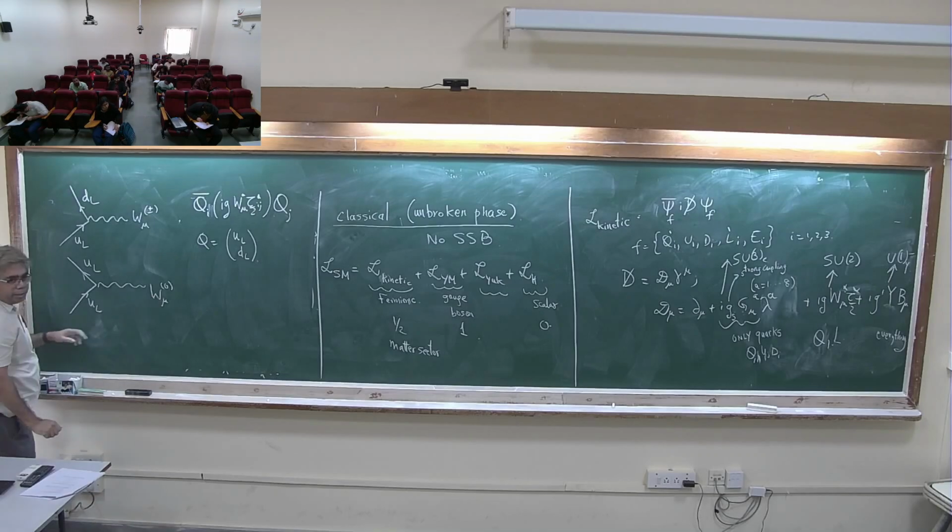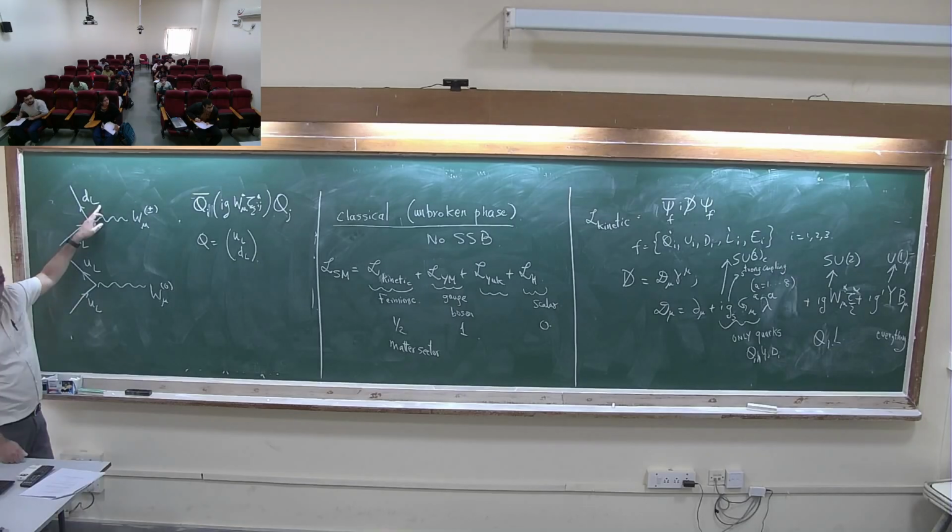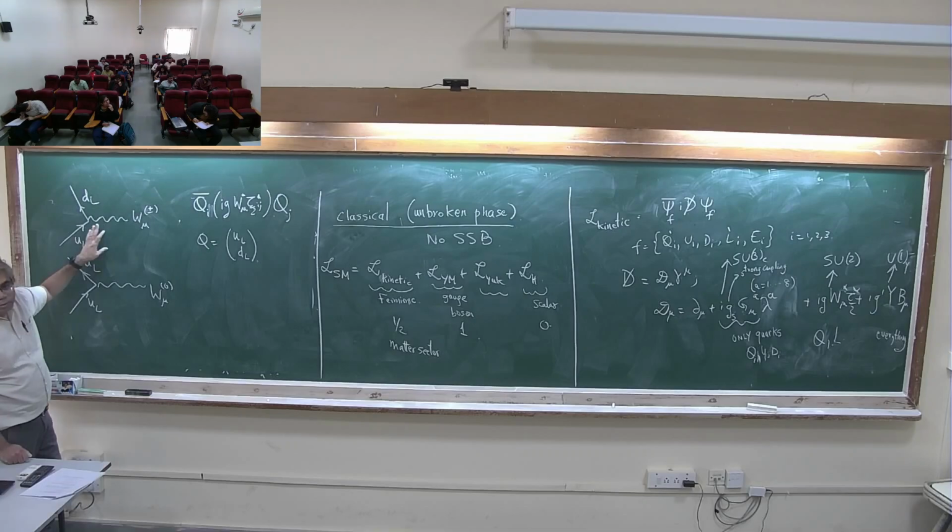I'll put it the diagonal, which doesn't change the flavor. This one changes the flavor. Takes an up type quark into a down type. This is the one which is responsible for neutron decay, pion decay, everything. All the nucleosynthesis, everything, these are the ones.